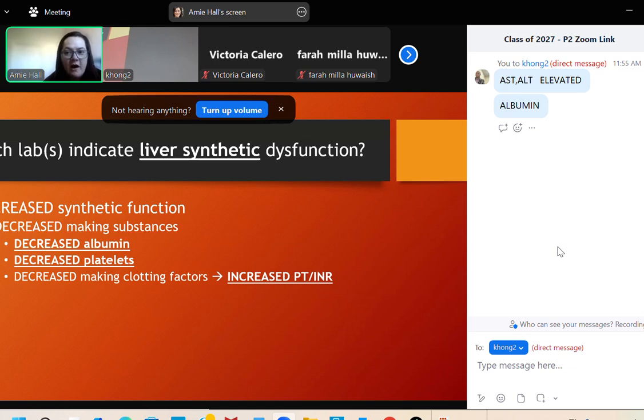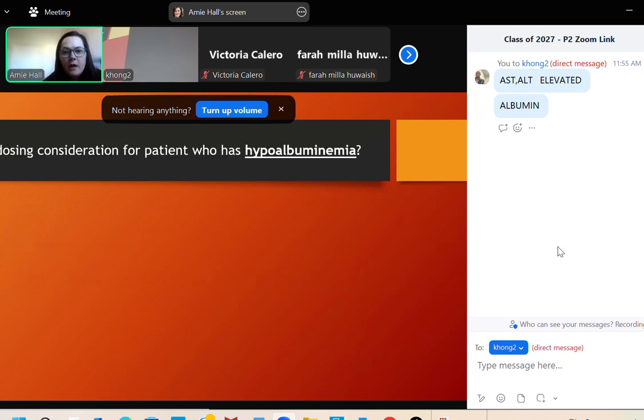What questions do you have about the synthetic dysfunction of the liver and the lab values associated with them? Right. So with our patients who have cirrhosis and they have decreased albumin, what drug dosing considerations do we have to consider for a patient who has hypoalbuminemia, so low albumin in the blood?